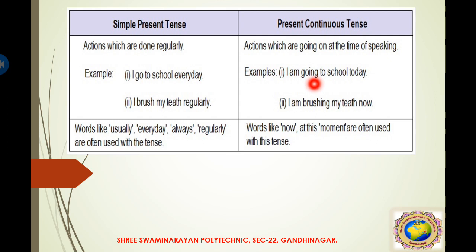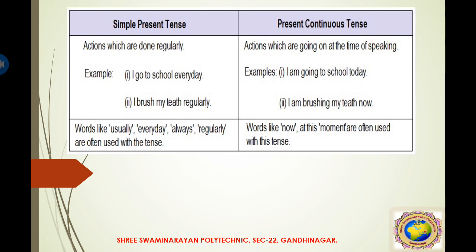It is converted in present continuous: I am going to school today. I brush my teeth regularly. I am brushing my teeth now. So words like usually, every day, always, regularly are often used in simple present tense, and words like now, at this moment are often used with the tense called present continuous.